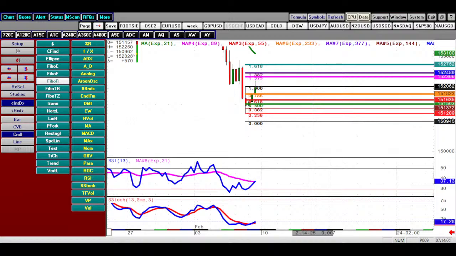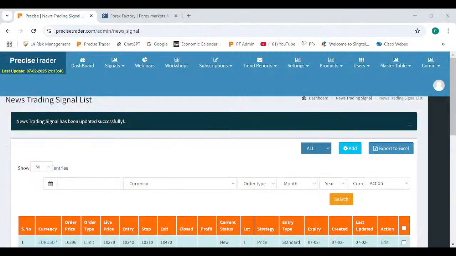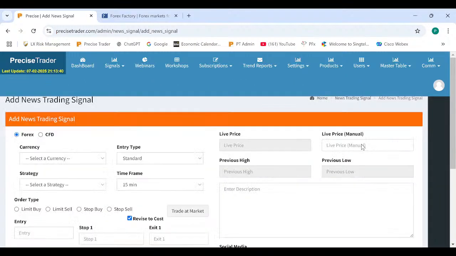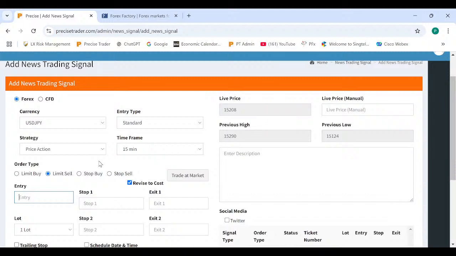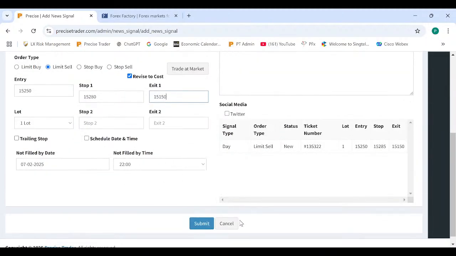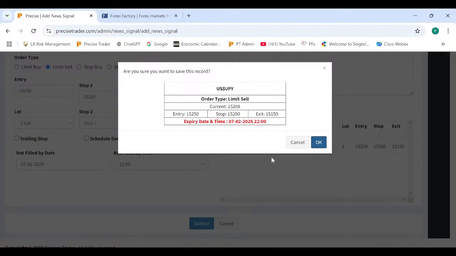So we will go for a trade on dollar yen to sell at 152 half, and stop at 80, and TP will try to go slightly near the low, which is 151, because today's low is 150.95.